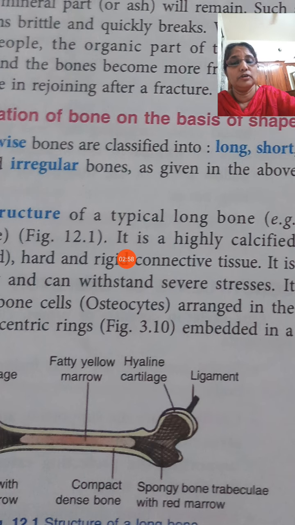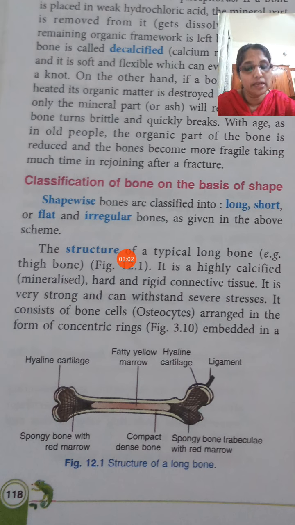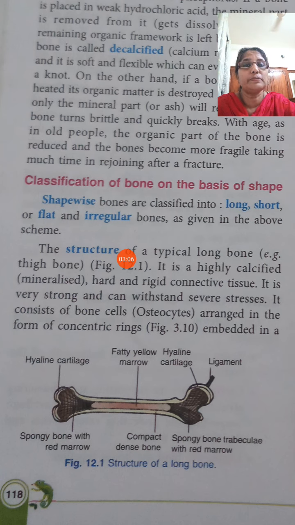Like that, these bone cells are arranged in concentric rings in each bone. They have certain cytoplasmic extensions, and in between these bone cells mineral deposits are present: calcium, phosphorus and other inorganic substances in the bone.